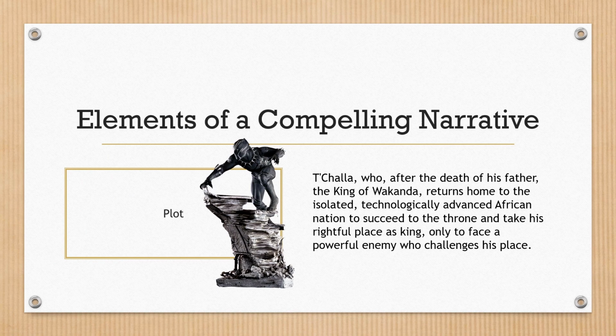In terms of plot, the basic storyline is that T'Challa, after his father dies, and his father was the king of Wakanda, goes home to an isolated yet technologically advanced African nation to basically take his rightful place as king. But to his surprise, there was a powerful enemy who gives him a run for his money.